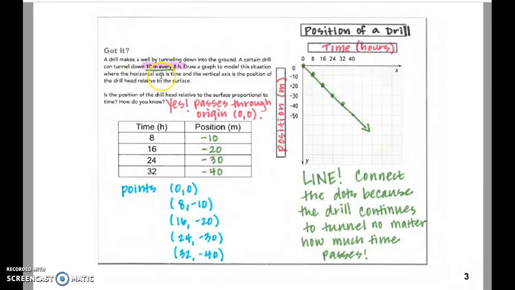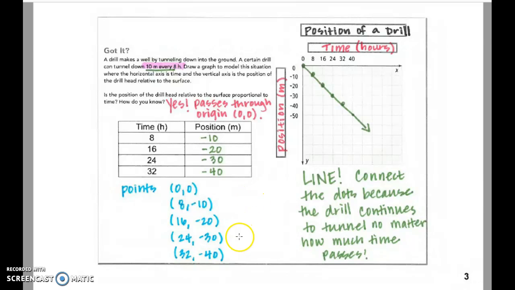Even though it takes 8 hours to get 10 meters, which isn't a lot, even if I only drill for 4 hours, somewhere in between, I've still made a dent in this tunnel, so I still get to put the line through the dots.